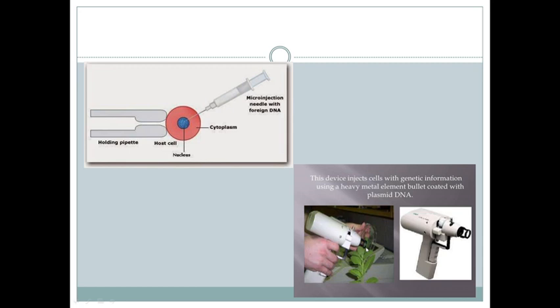Now, once this recombinant DNA has been inserted into the host cell, the next step is to find out whether the host cell, particularly in case of the indirect method, has taken up the recombinant DNA or not.